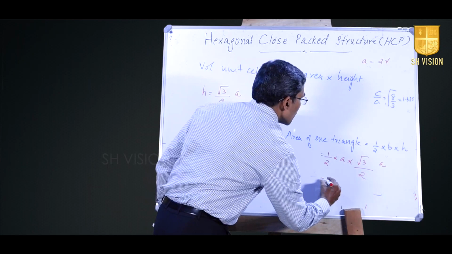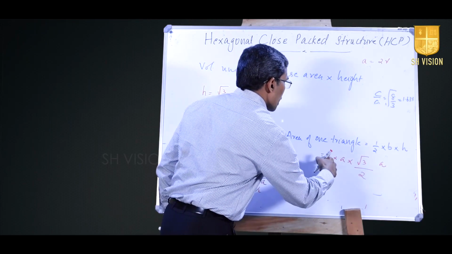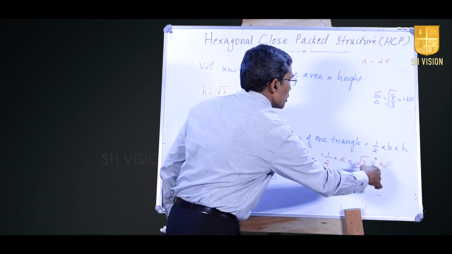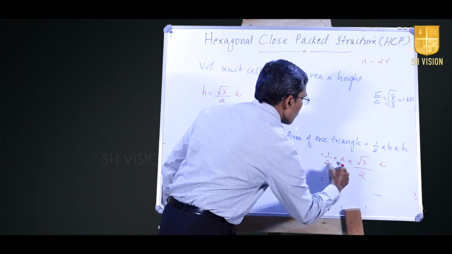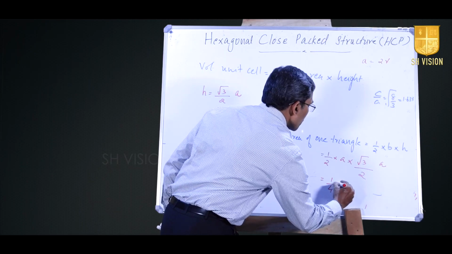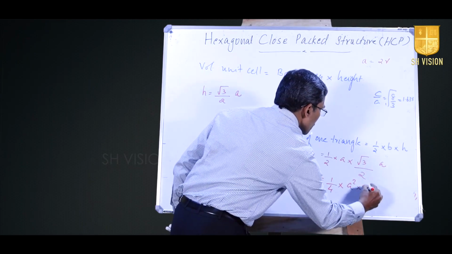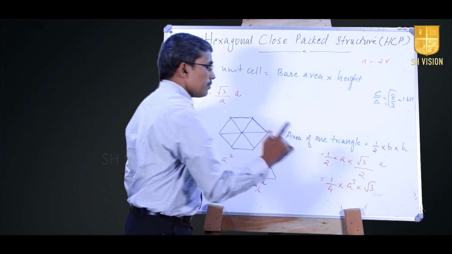Therefore, we can substitute here root 3 by 2 a. The answer is half into base into altitude. Therefore, area of the triangle is equal to 1 by 4 into a square into root 3. This is area of one triangle.